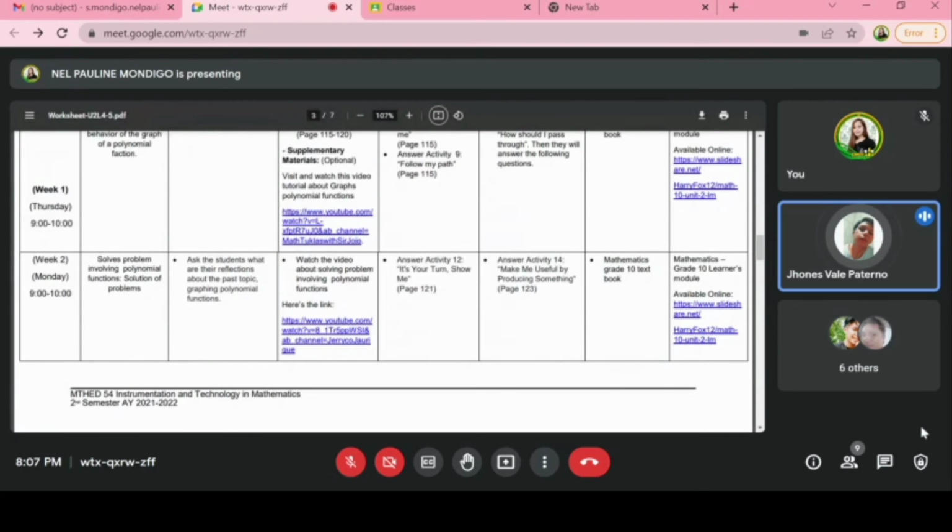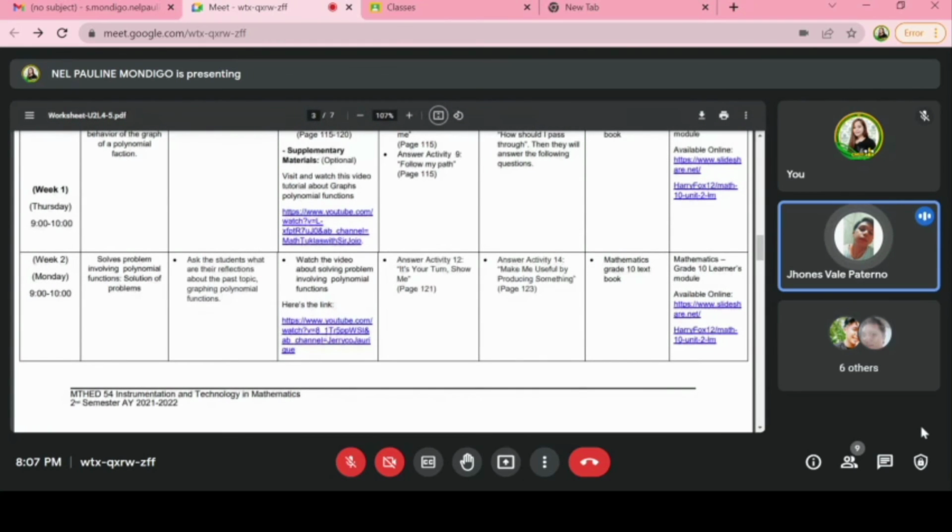Since we are in online learning, the students can access online by watching the video about solving problems involving polynomial functions with a given link, or they can browse the internet for what fits their learning ability. After the discussion, they will answer activity 12.